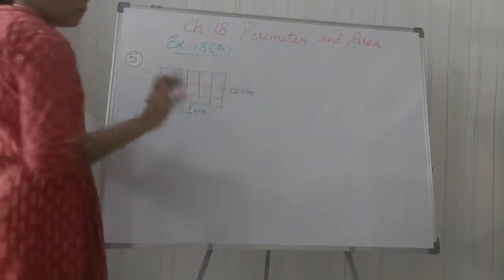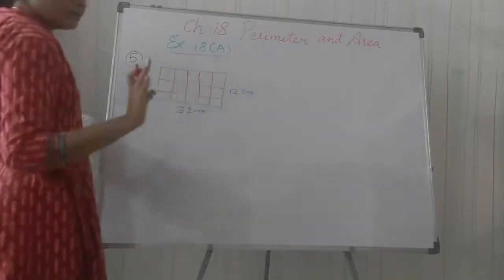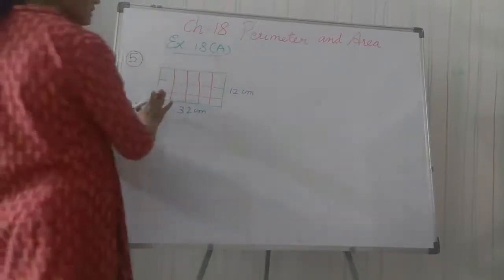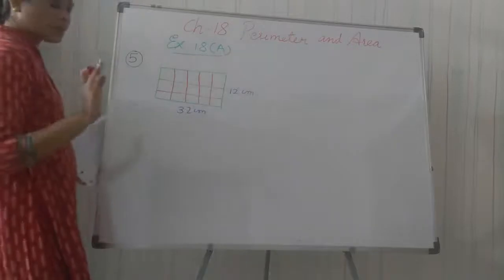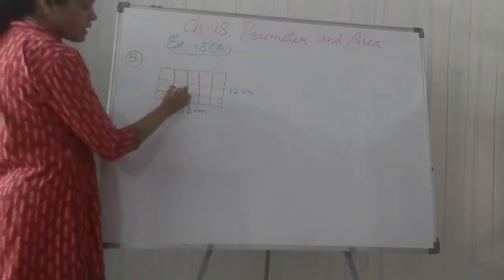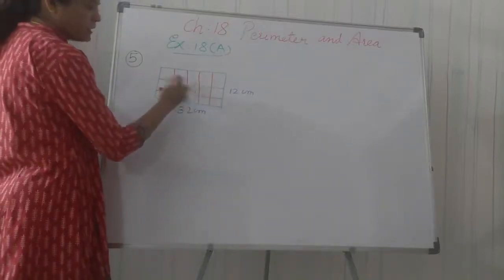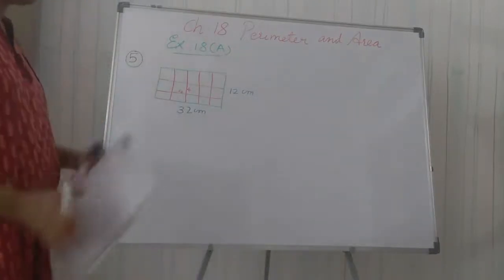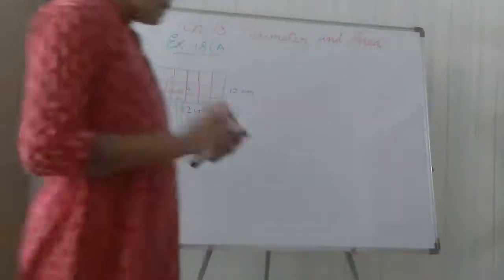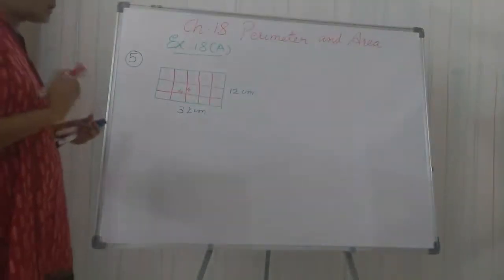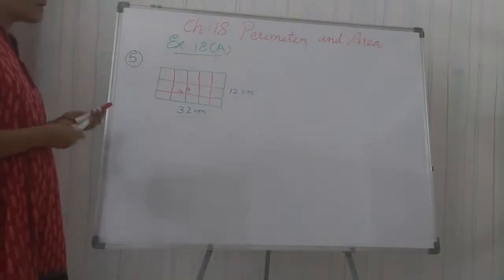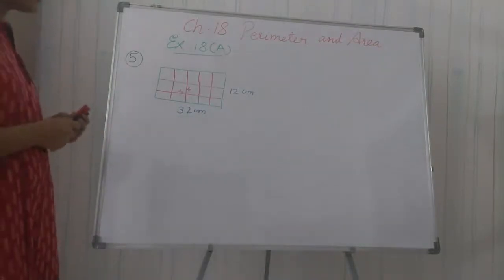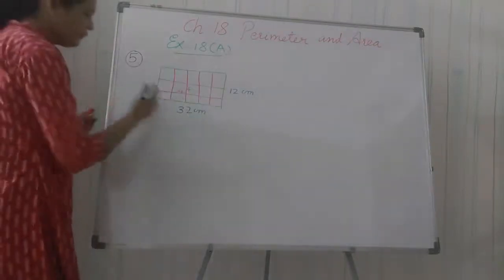So here we want to cut. This is a random diagram I am drawing. This is not how we get the number of squares, but the square is 4 by 4 centimeters, which means the side of the square is also given in the question. So now our work is to find the number of these squares. So how do we find it?